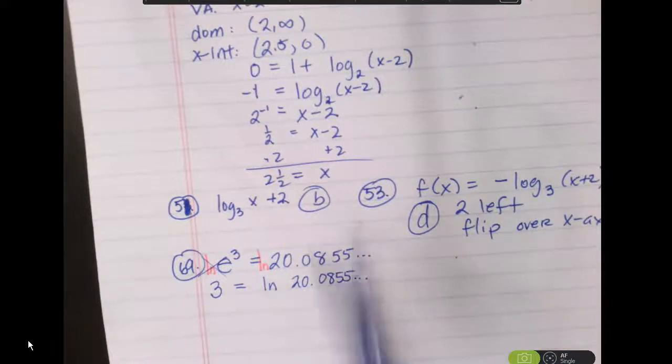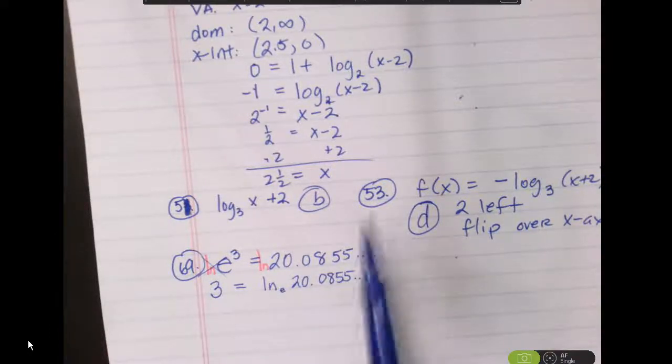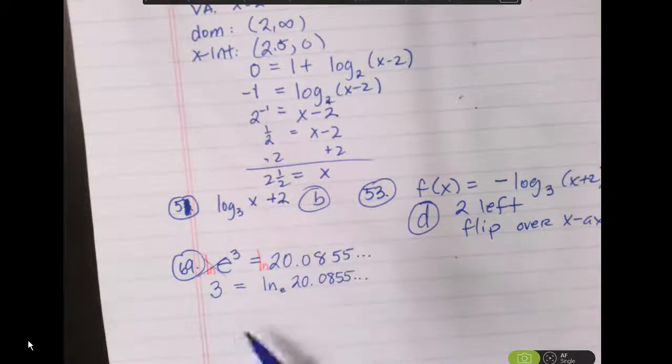And the natural log has an understood base of e. So this is still the same thing as going from exponential form into logarithmic form. It's just because this always has a base of e, the base doesn't ever vary, that I think about it in a different way.